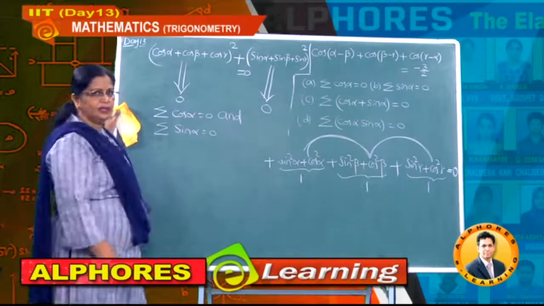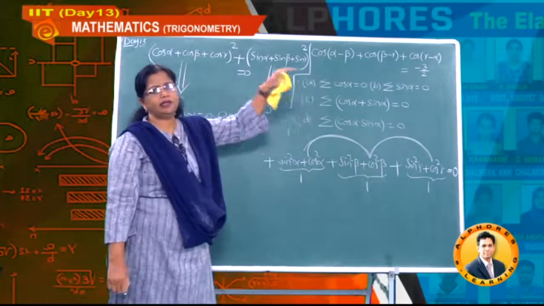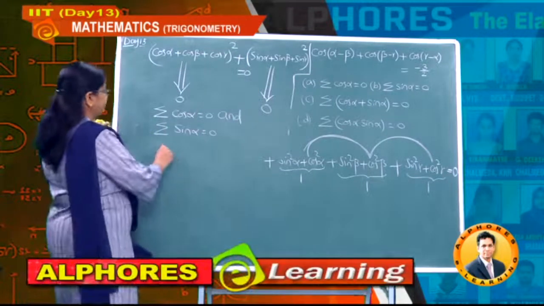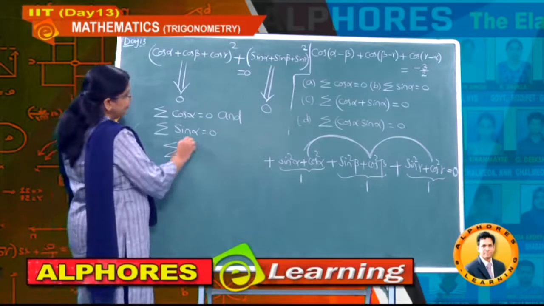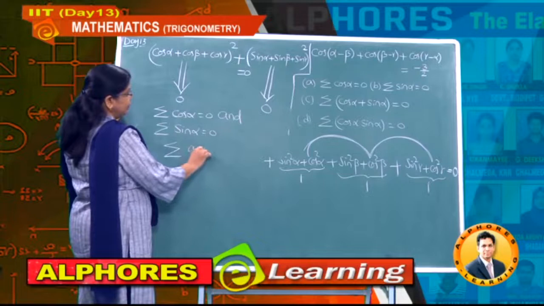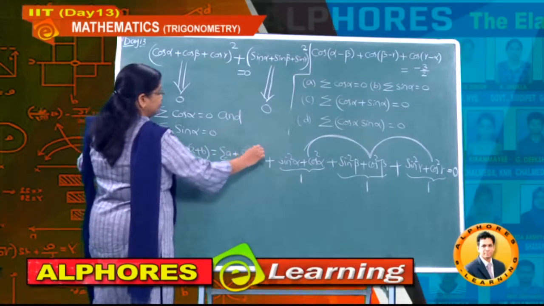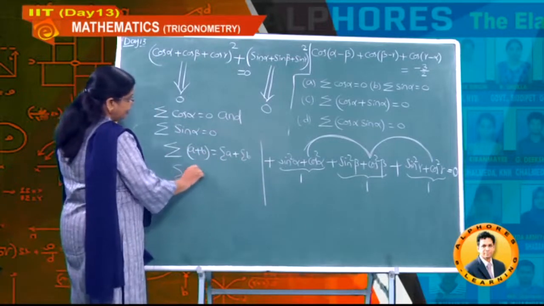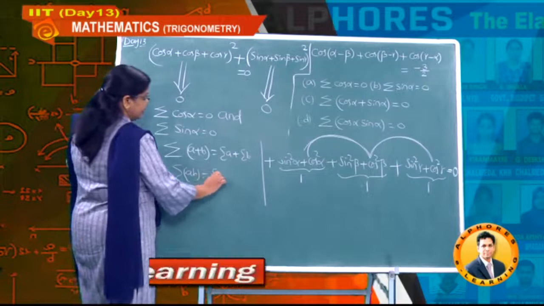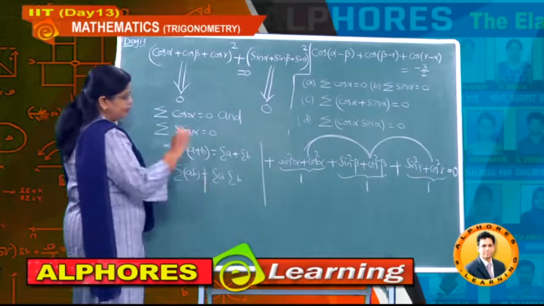Understand, students? Then you got now first option as well as second option, both are right. Then what about third option? Suppose if it is sigma, any value if I write a plus b, then you can separate sigma a plus sigma b. Whereas sigma AB product if it is there, then you are not supposed to write sigma A into sigma B. This is wrong.